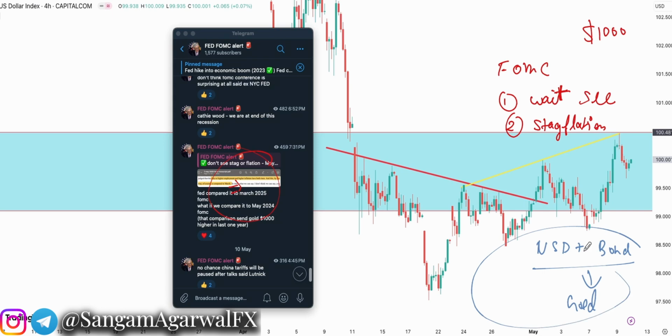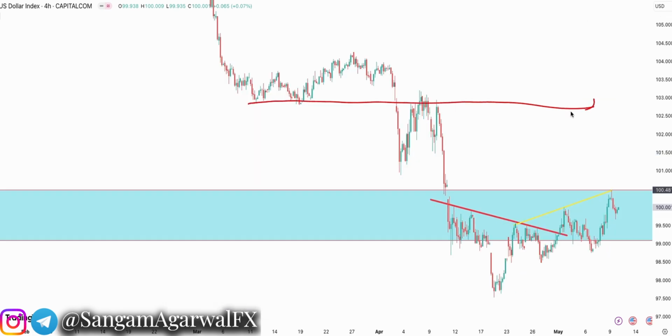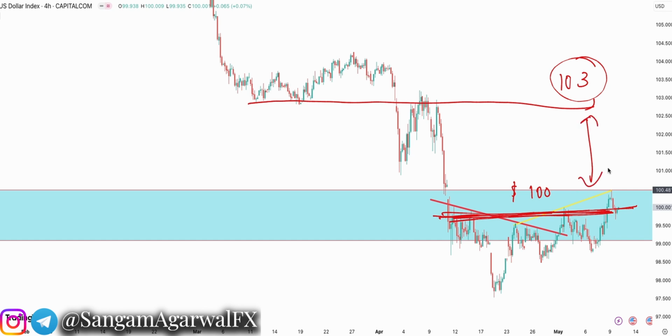If stagflation stops, because the Fed now sees the risk of stagflation, then first thing first, this trend must stop. If price goes up more, the next upside resistance is 103. So overall this area 100 can be a big static support level, and 103 can be static resistance.